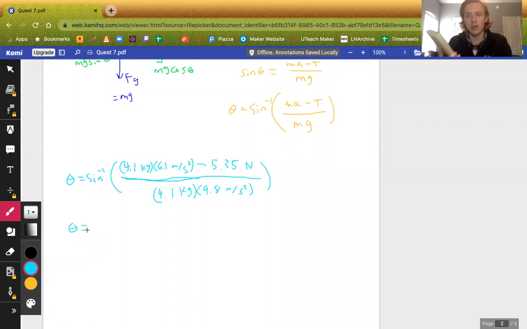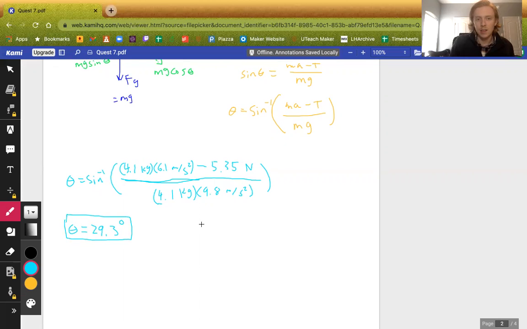It's always better to overuse parentheses than to underuse parentheses. That way you just make sure that you are getting exactly what you're wanting to get and the computer inside your calculator doesn't get confused. So I get that theta equals 29.3 degrees. And that is, in fact, my answer.